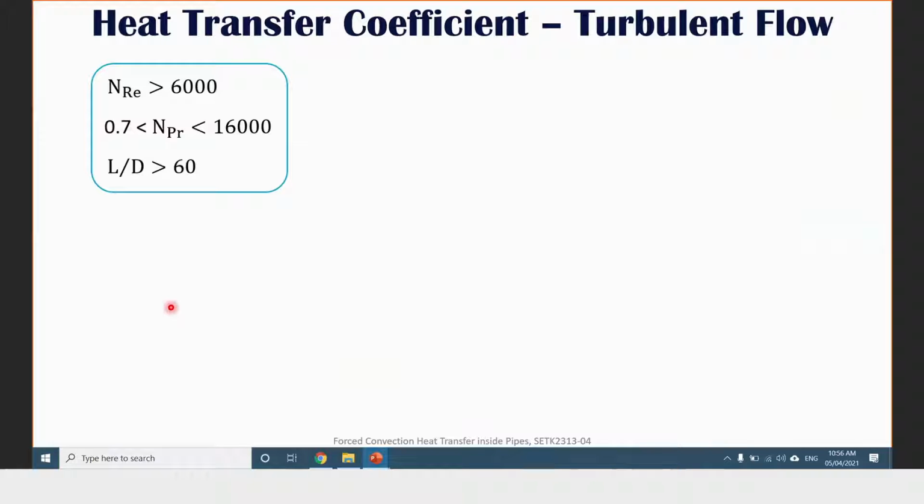These are the conditions where you can use the equation that I'm about to show you. If any of the values fall out of the range, then this equation will not be accurate.